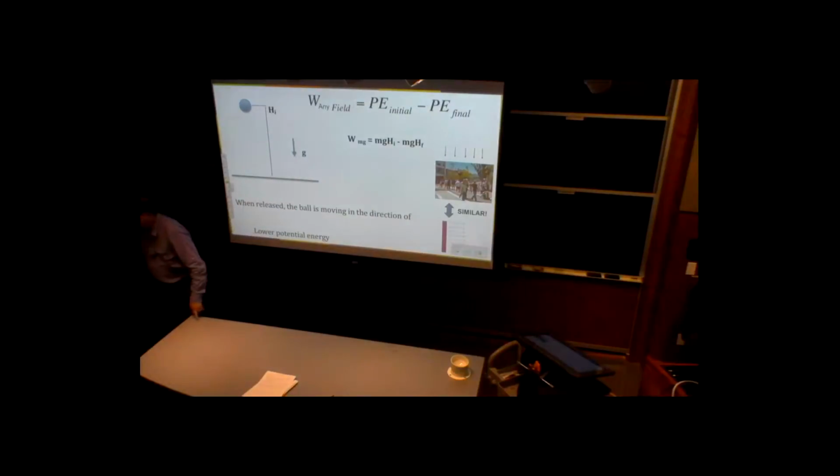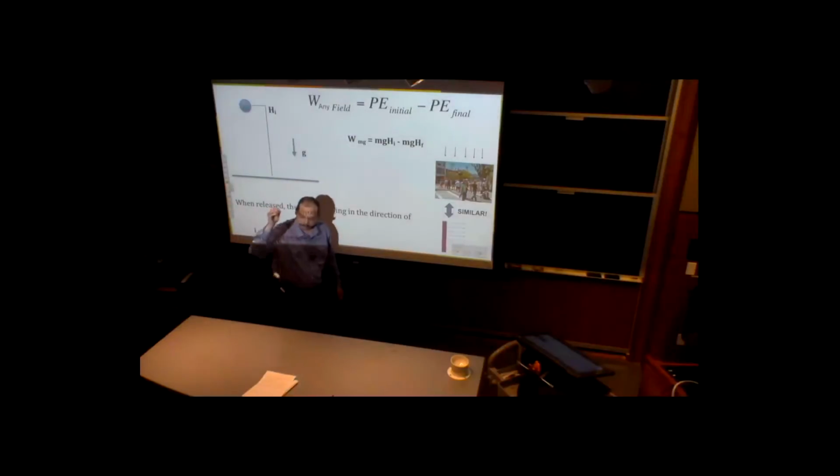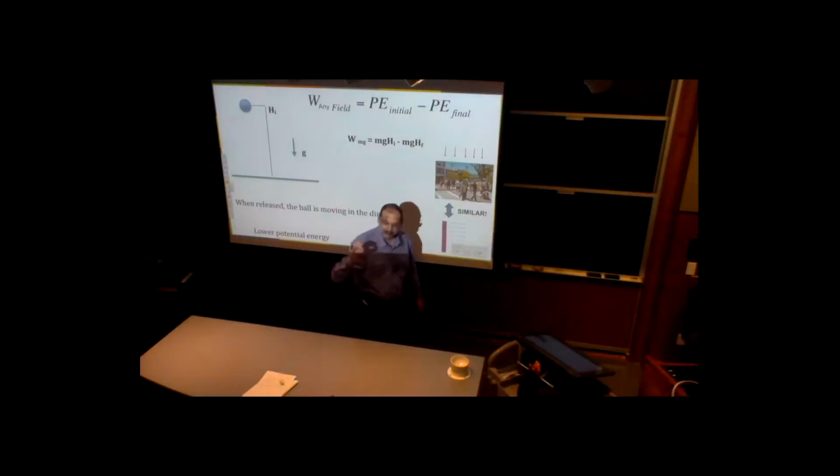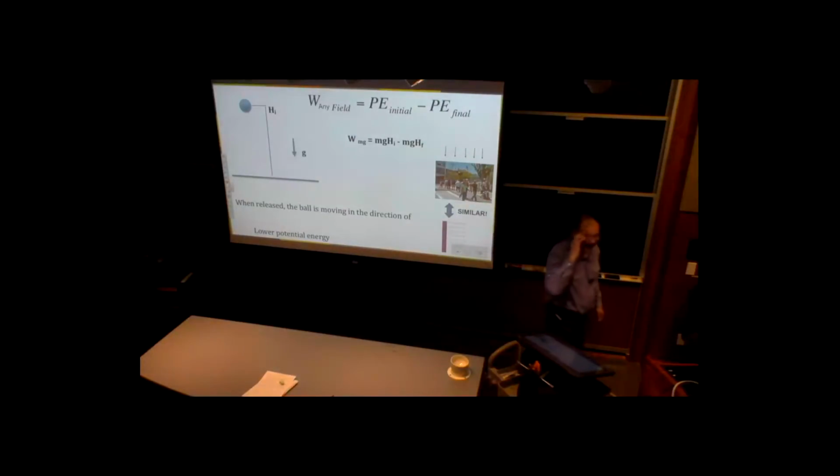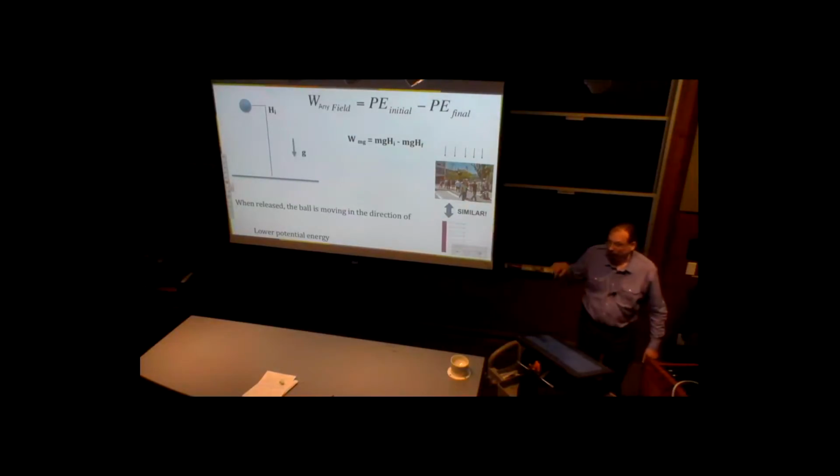If we have an object, we move it up against the force of gravity. We do positive work. Gravity does negative work. If we let it go on its own, if we release an object, it always starts traveling from higher potential energy to lower potential energy. High, low.